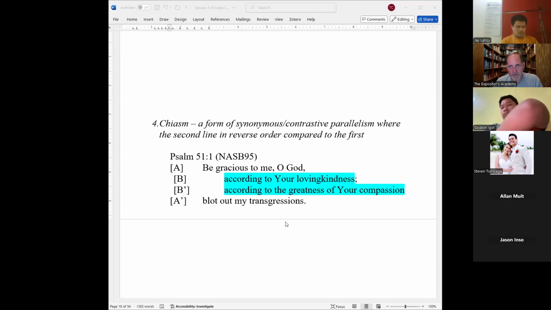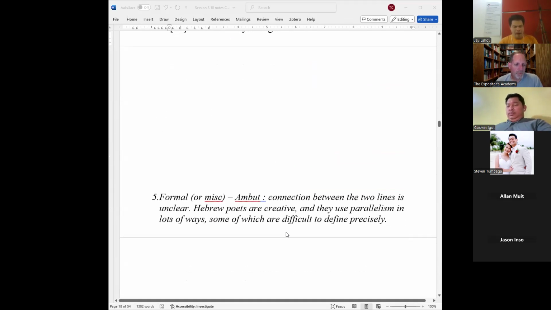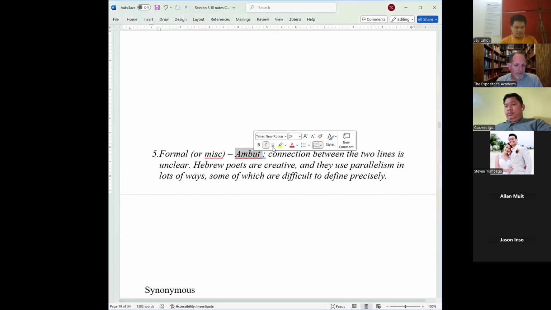All right. And then lastly, if we can't figure out, and it happens sometimes, the parallelism may not even be there, or it's just not clear, you can just put but. Right? We don't know. Who knows? Not sure. And that does occur.